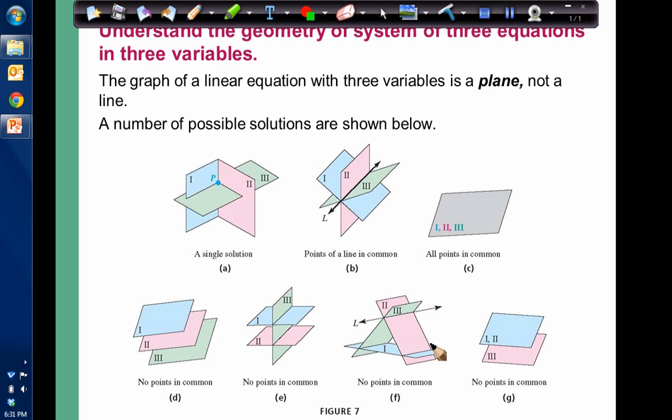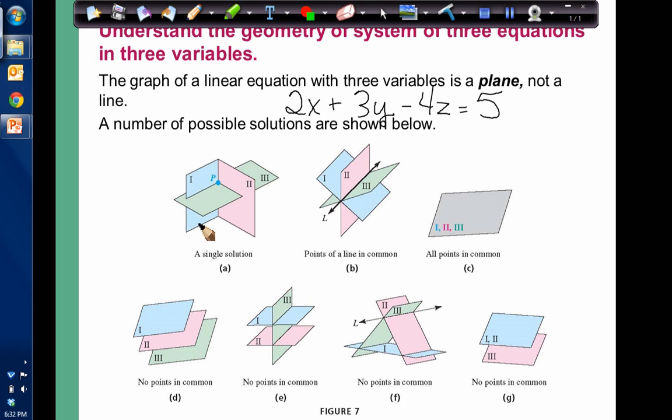Okay, so when we have an equation in 3 dimensions, for example the equation 2x plus 3y minus 4z equals 5. Okay, that's an equation in 3 dimensions because it has an x, a y, and a z. We could talk about a system of 3 equations, and they represent planes, and what happens with each of those.